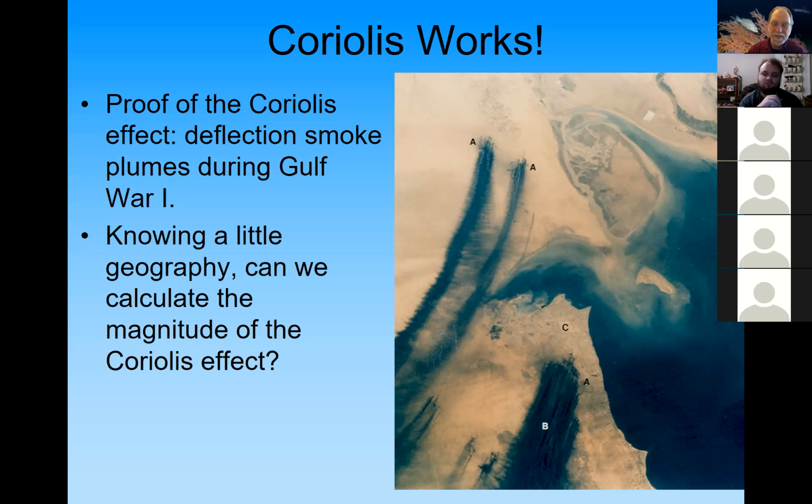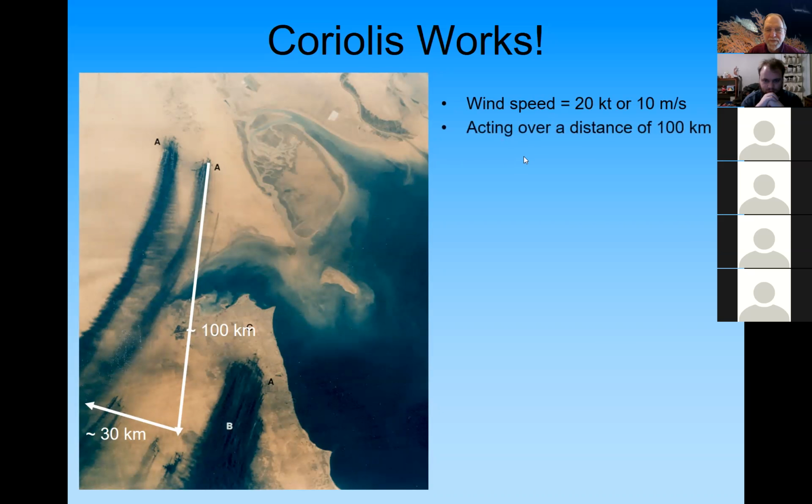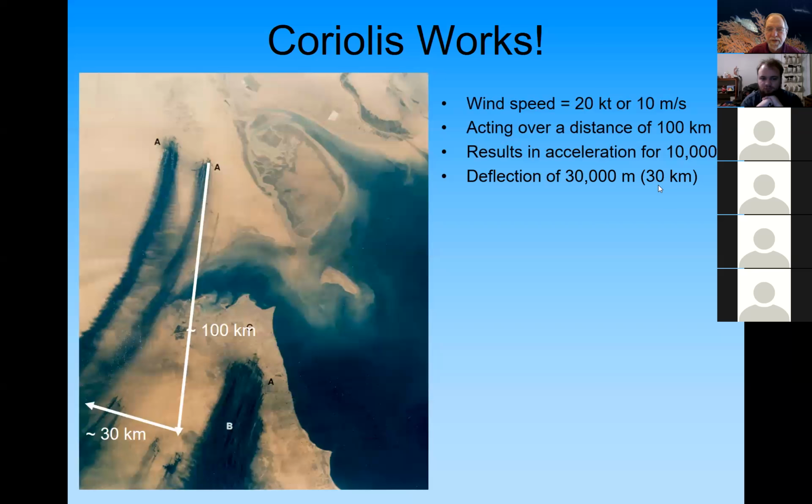And we can calculate, if we go through this, that the wind speed here is about 20 knots, 10 meters per second, acting over a distance of about 100 kilometers, which is about 10,000 seconds of acceleration, resulting in a deflection of about 30,000 meters, 30 kilometers.